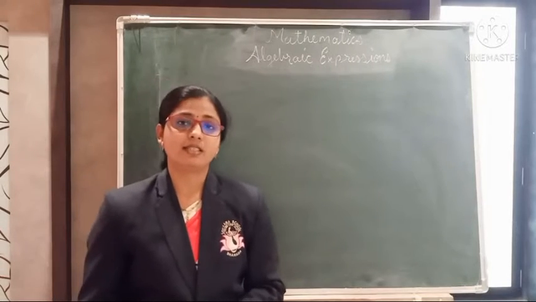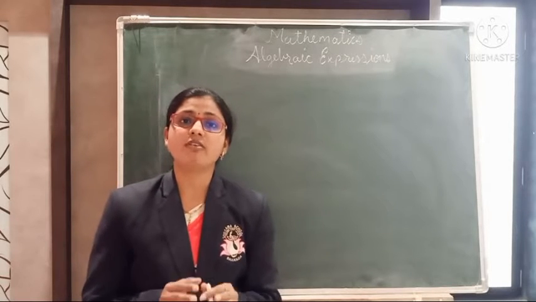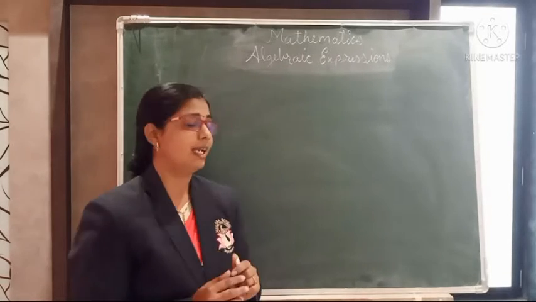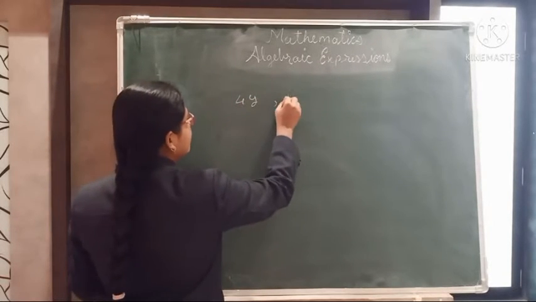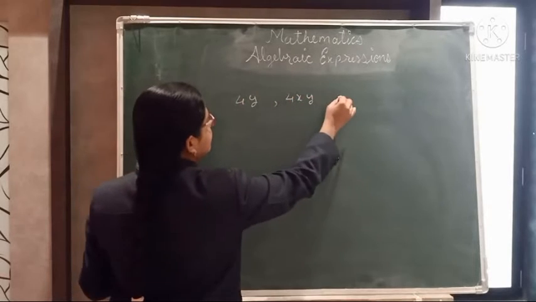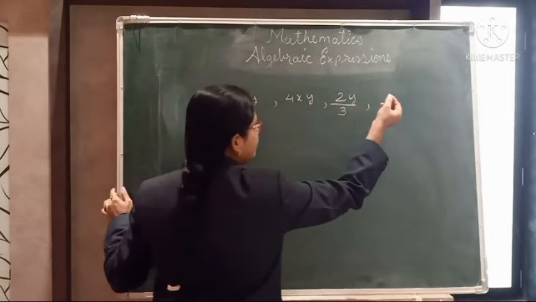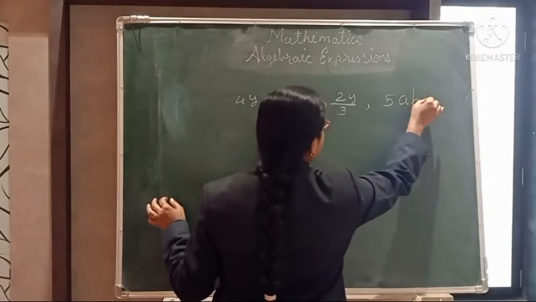My dear children, always remember one more thing: the combination of constant and variable will always be a variable. For example, 4y, 4xy, 2y upon 3, or 5ab.